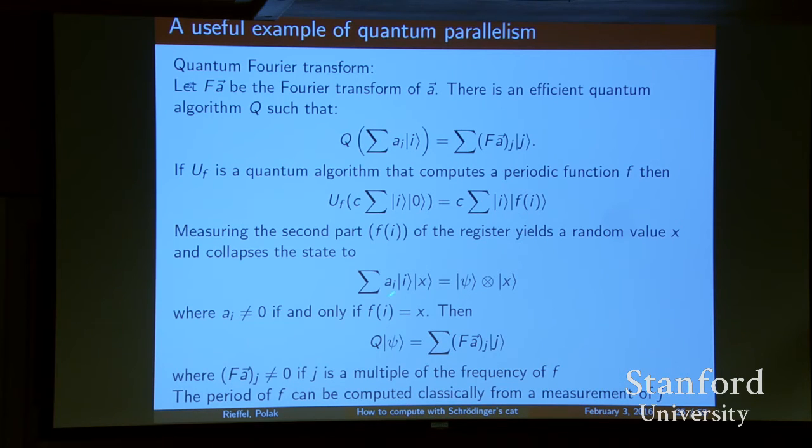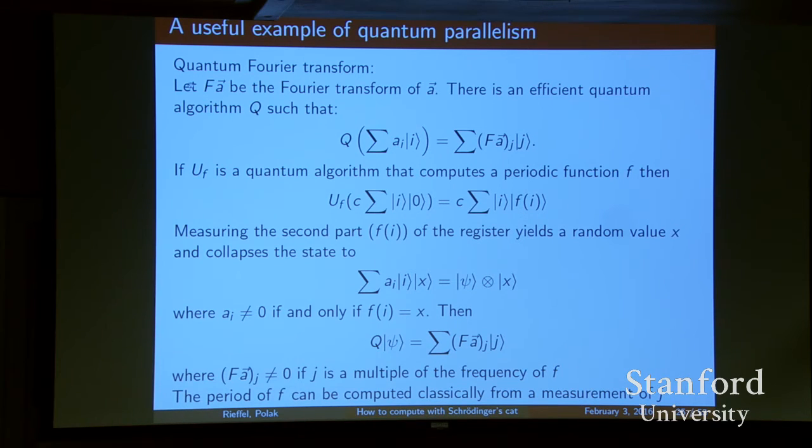Now, it turns out if you take this vector A, the vector of all coefficients here, and apply the quantum Fourier transform to that, you get another vector of coefficients, a superposition of all vectors j, where most coefficients are 0, except for those where j is a multiple of the frequency of the function f.